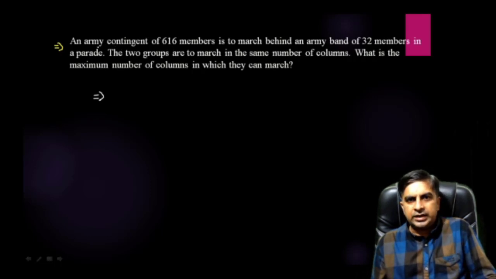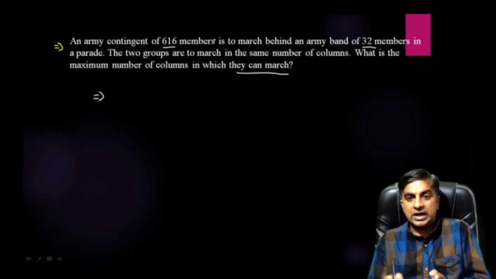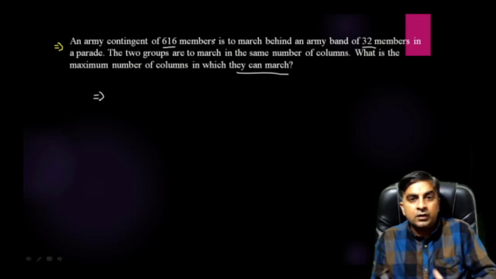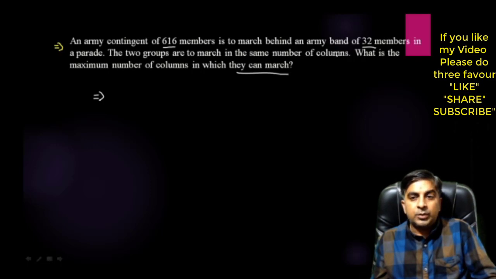Here an army contingent of 616 members is to march behind a band of 32 members in a parade. The two groups are to march in the same number of columns. What is the maximum number of columns in which they can march? So two groups are there and they have to march in the same number of columns.